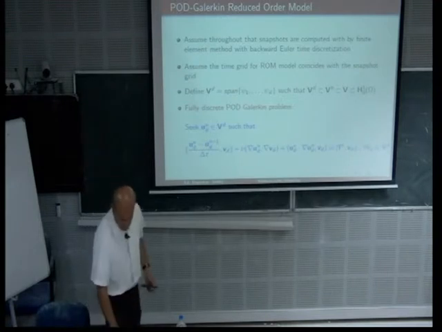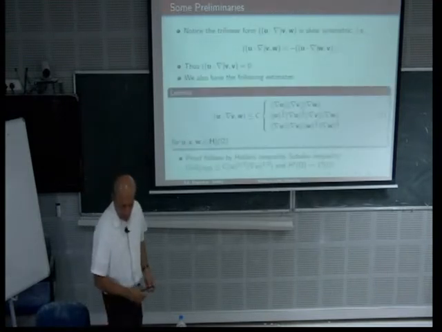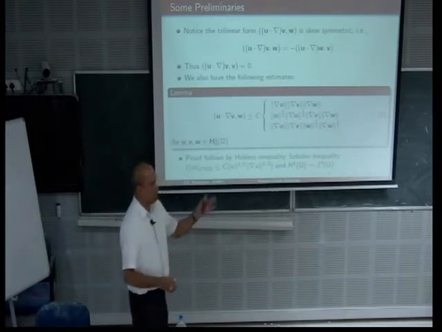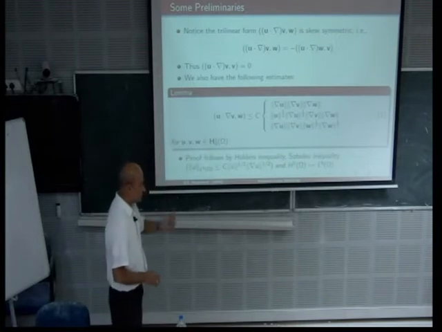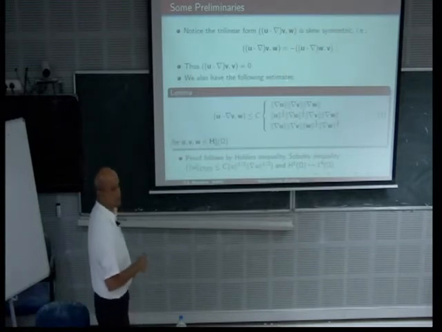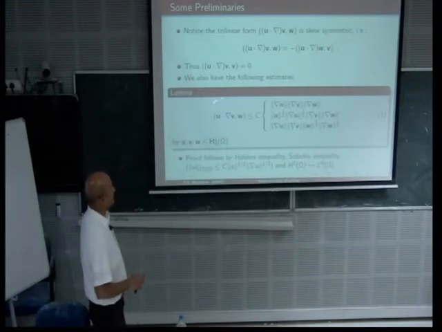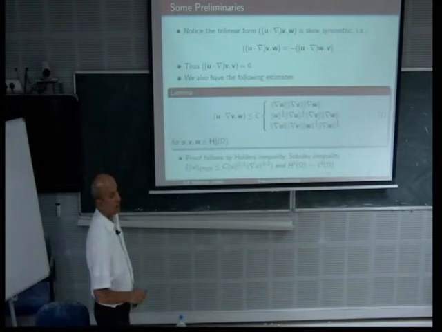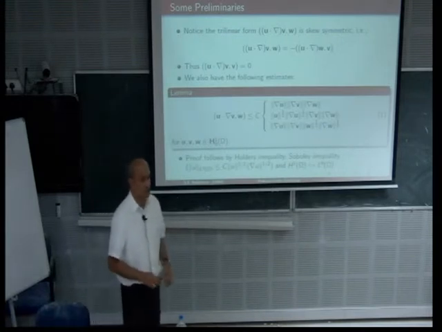Okay, all right. Let's see. I have a trilinear form, right? And the trilinear form is a standard trilinear form people use, and that is skew-symmetric. It's very well known. Therefore, you have this result. We also have this estimate for the nonlinear terms. I'm not assuming the problem is 2D or anything.